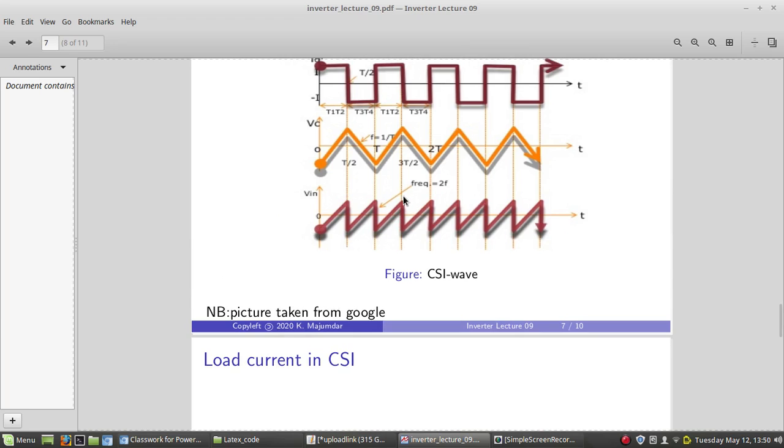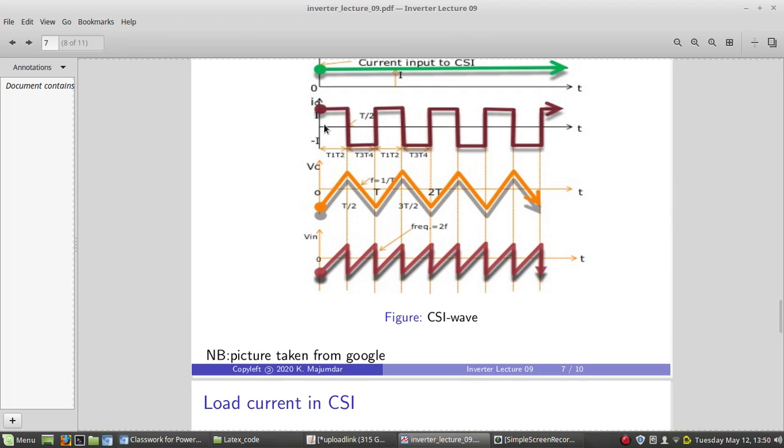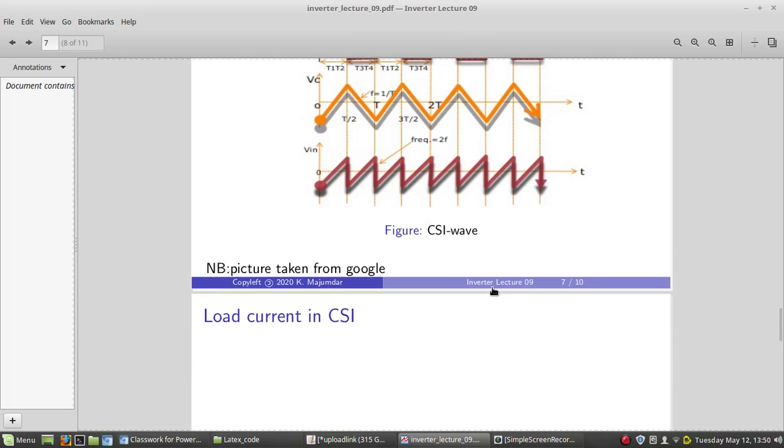Now the beautiful thing is that, observe here, the waveform will repeat itself. That is a complete waveform. Look here, in this input voltage, the frequency becomes twice. This is the characteristic of the input voltage for the CSI.